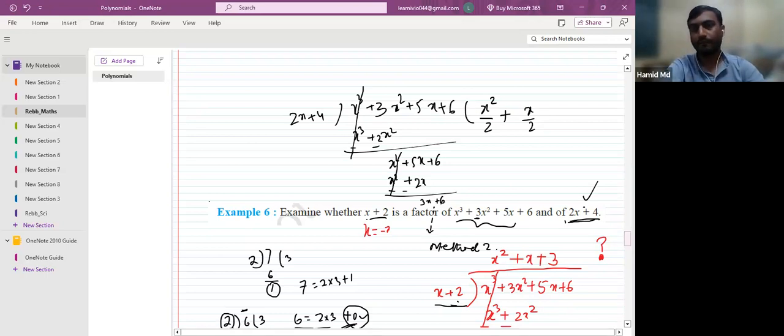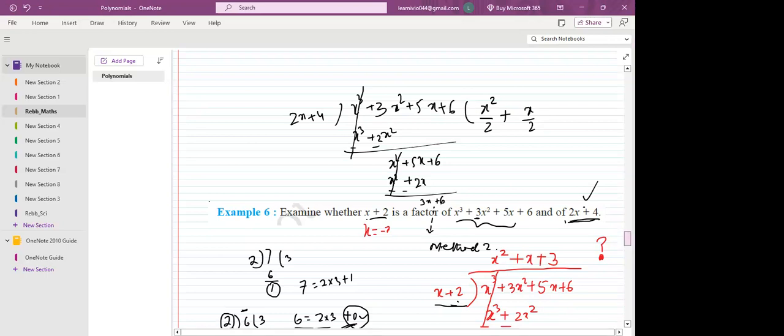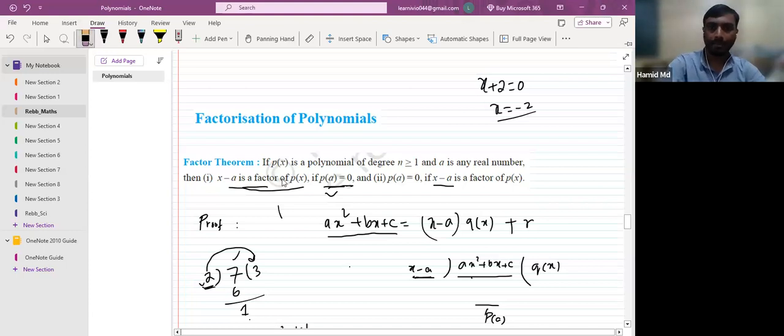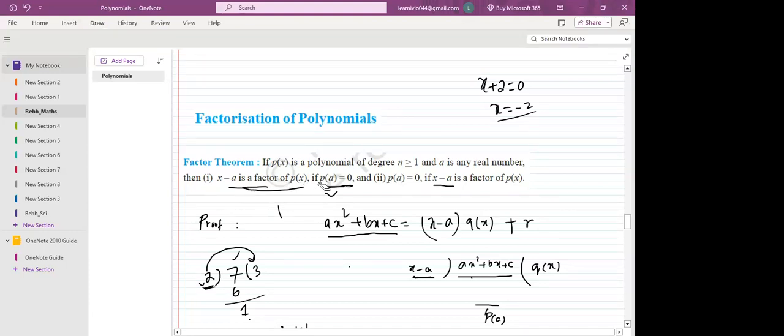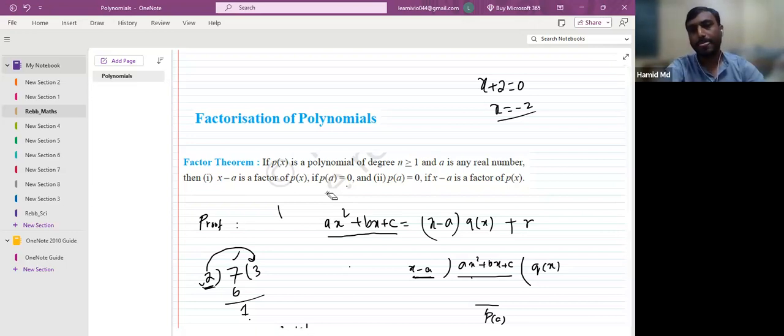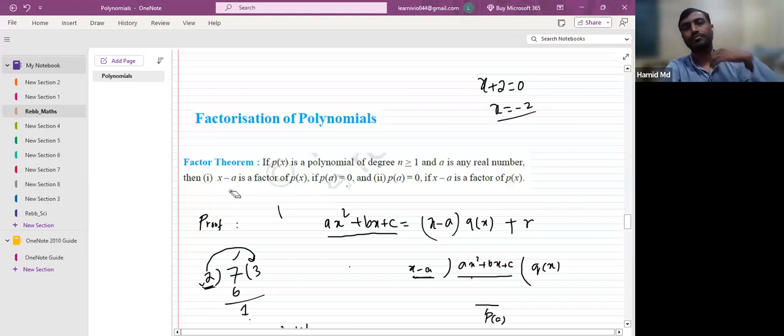Clear? Okay. Take a screenshot to practice, and now see this statement. If Px is a polynomial of degree greater than or equal to n, n greater than or equal to 1, and a is a real number, then x minus a is a factor of Px if Pa is equal to 0.